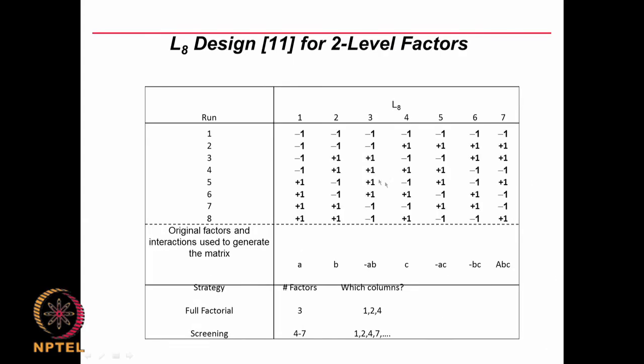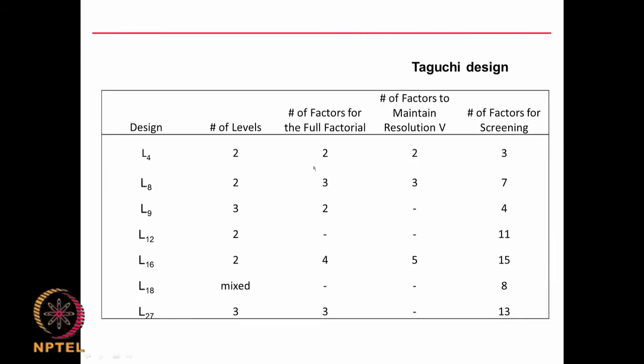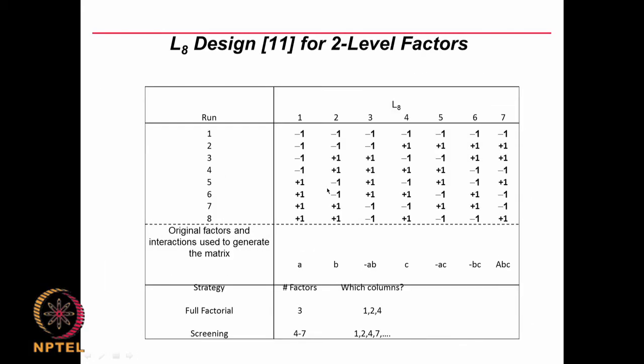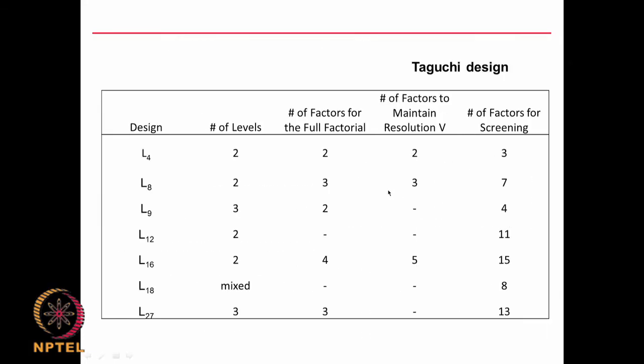Let us look at the L8 design, this is how it looks. Either I can have a smaller number of factors, only 3 factors, then it becomes a full factorial design, that means A, B, C. This will become AB, this will become BC, this will become AC, this will become ABC.